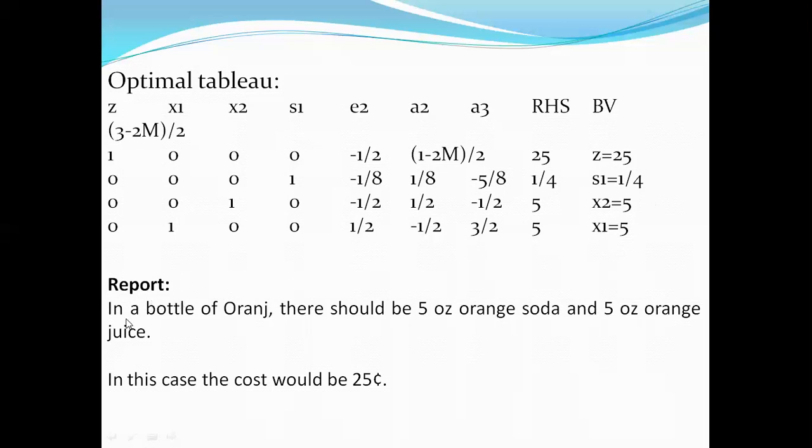So finally we will be considering that in a bottle of orange there should be 5 ounces of orange soda and 5 ounces of orange juice. So in this way, if you solve the problem, the cost effective would be 25 rupees.